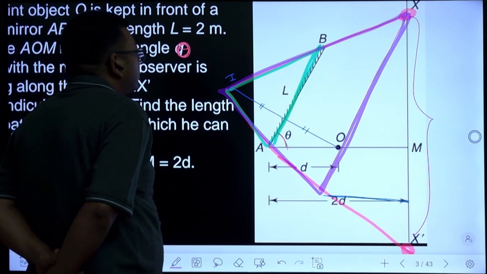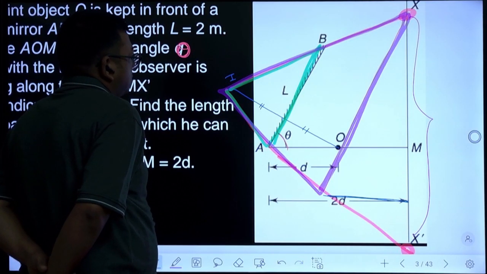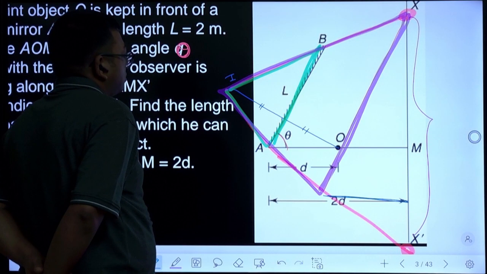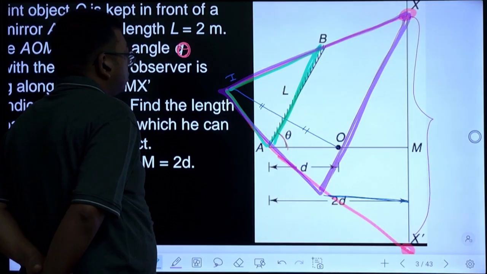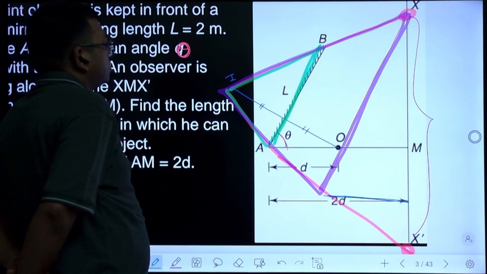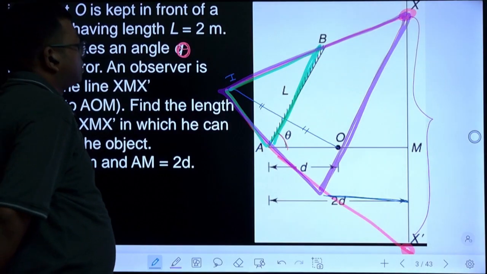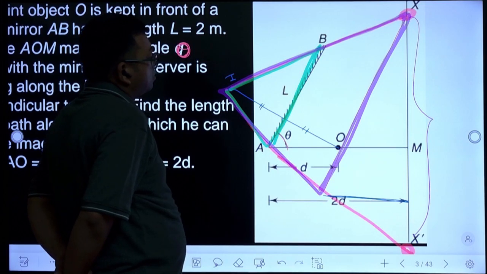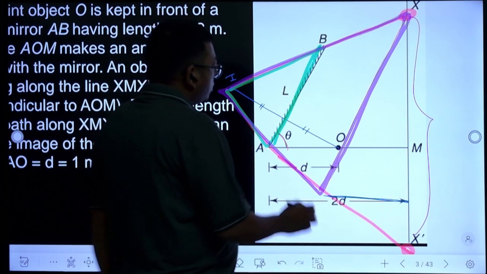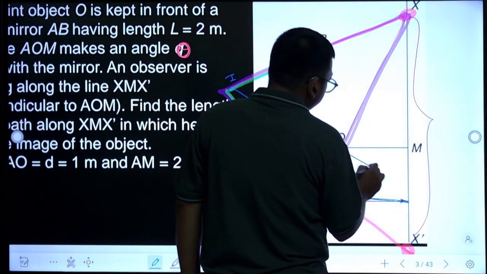So how do you calculate that? Yes, how do you calculate? Or you can stretch this line also like this way.